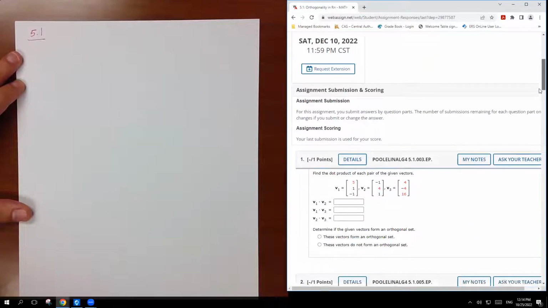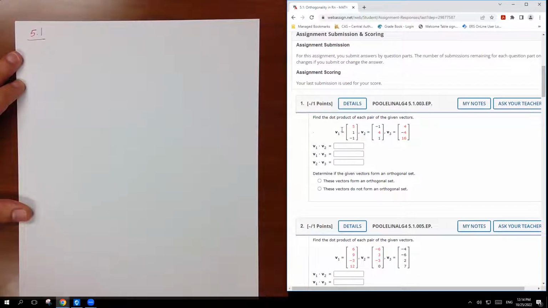If you look at the first question here, they're just telling you to find the dot product of each pair of the given vectors.